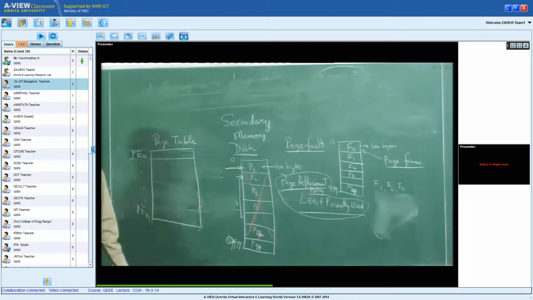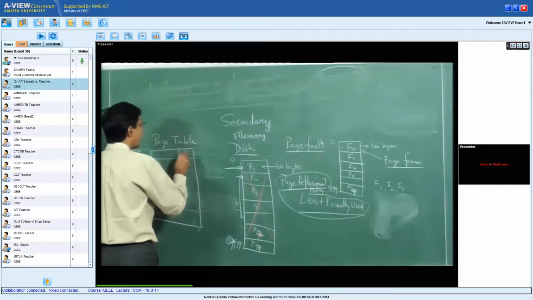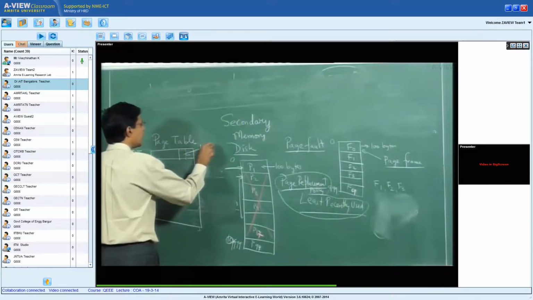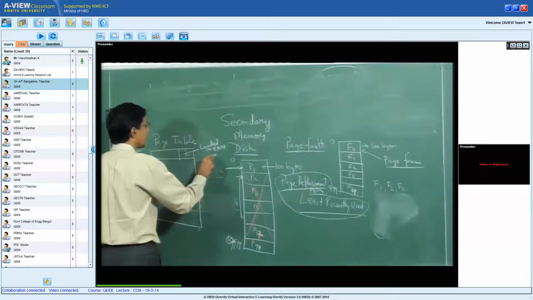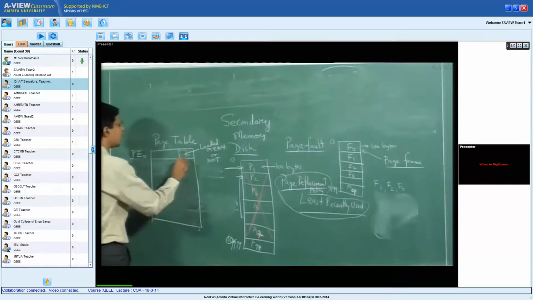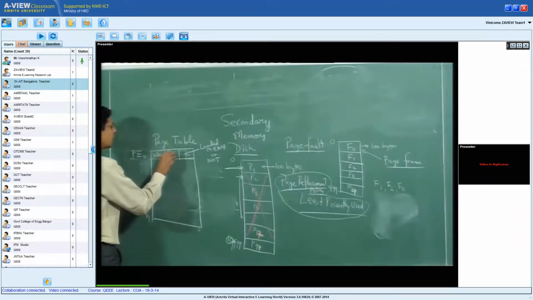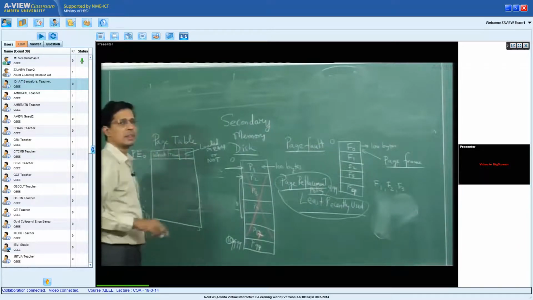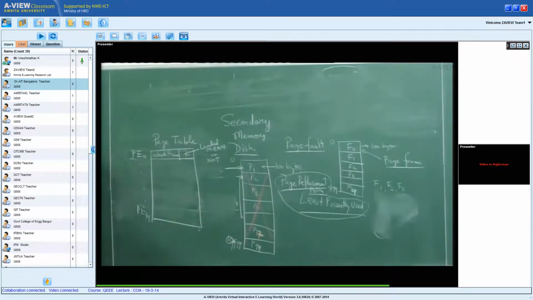Each entry tells two things. One bit tells whether the page is loaded in RAM or not. The other part tells which frame. This is typically how the page table is organized.